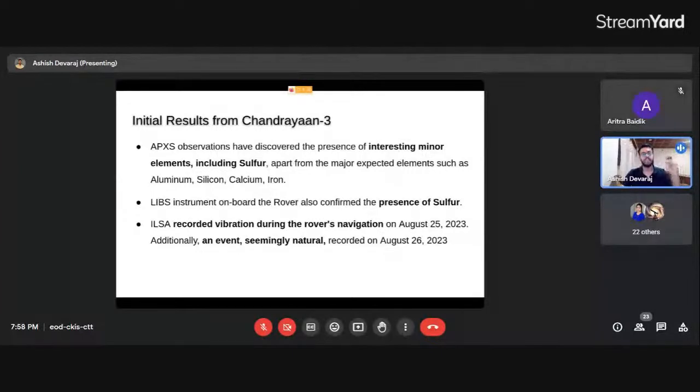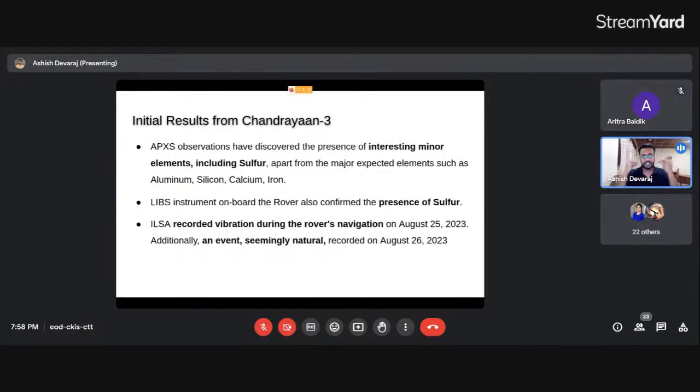We need further, deeper analysis to confirm the presence of all the elements and also measure the quantity of how much is there. So in ILSA also we have recorded a seemingly natural event that also needs further clarification and analysis to understand it.